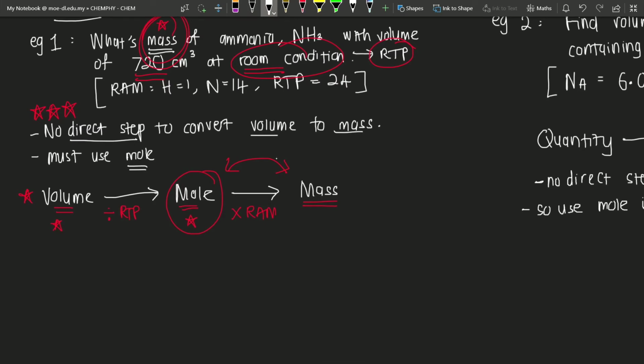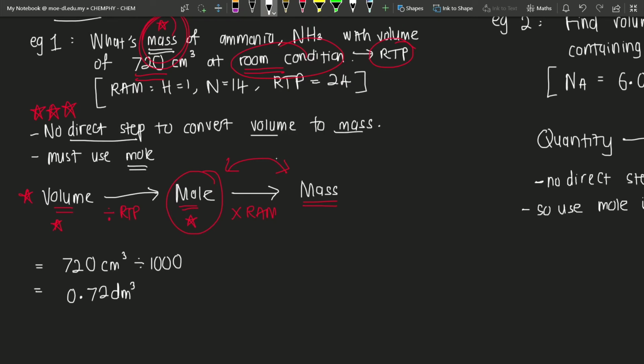So volume nak tukar kepada mole, you guys akan divide. Your volume is 720 centimeter cube. Again, volume you guys must put it in dm cube, not centimeter cube. So you guys will divide by 1000. So actually your volume given is 0.72 dm cube.